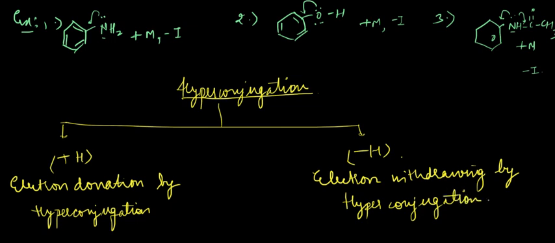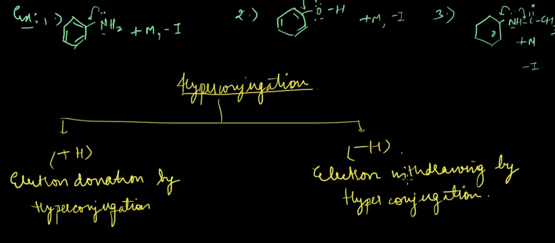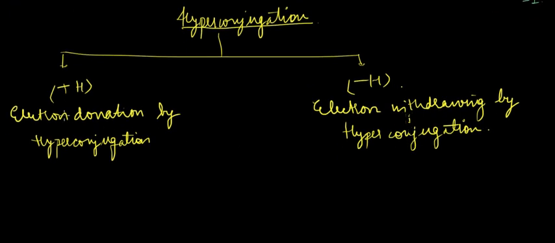Okay, so now let's look at some of the examples of hyperconjugation. We have something like this, CH2.